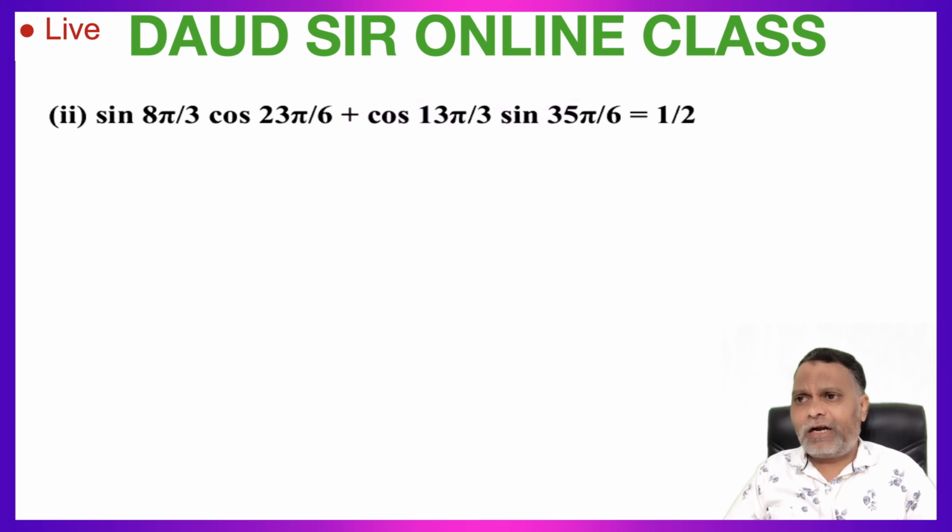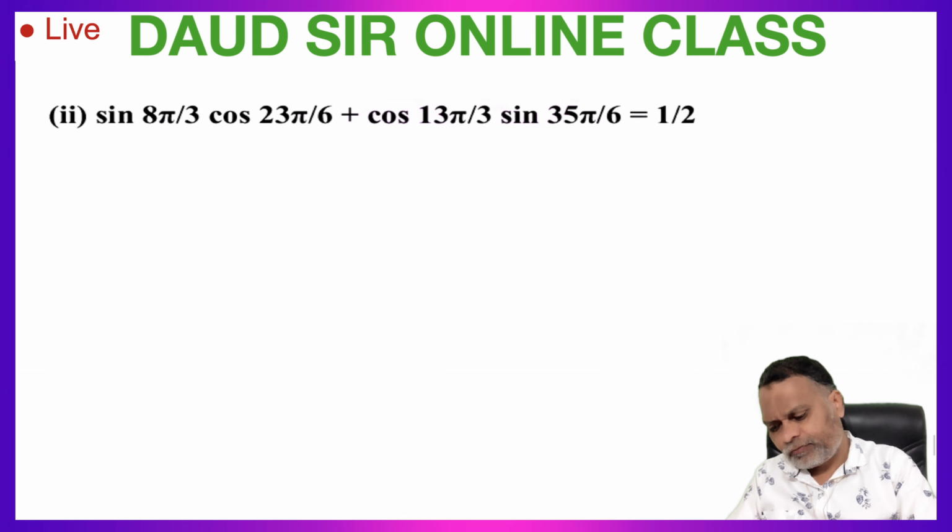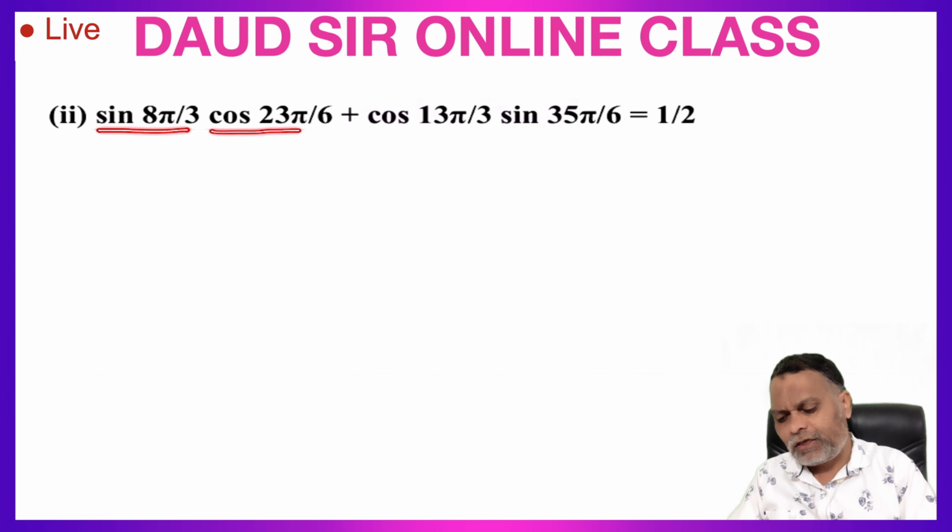Question number second, part second, prove that sine 8 pi by 3 into cos 23 pi by 6 plus cos 13 pi by 3 into sine 35 pi by 6 is equal to 1 upon 2.